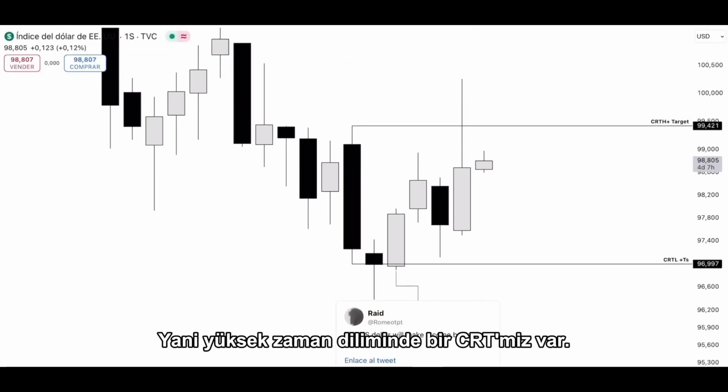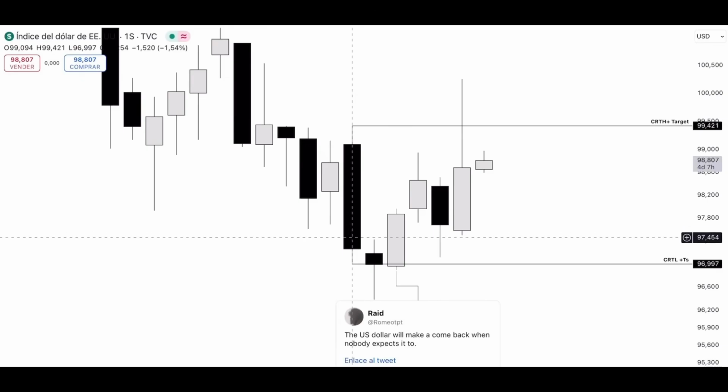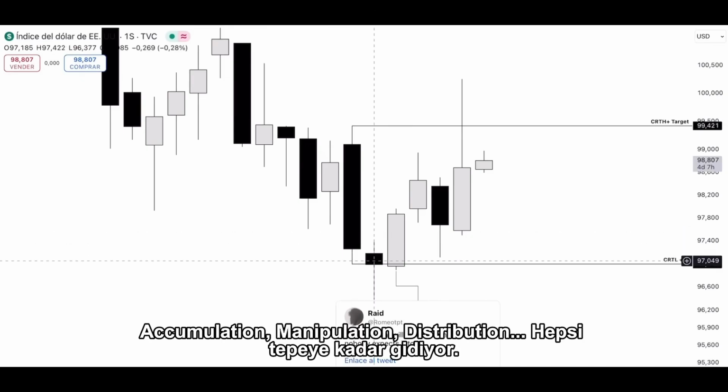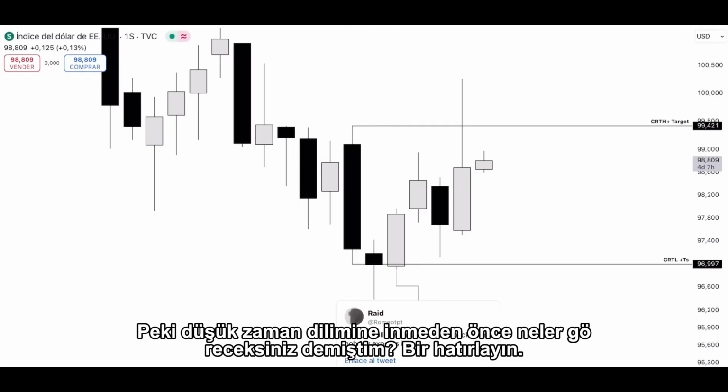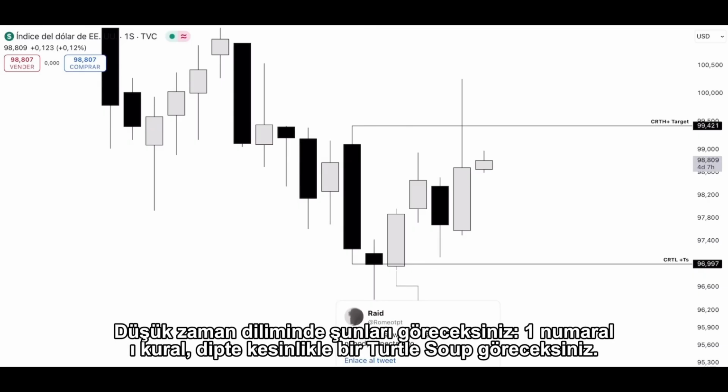All right. So the higher time frame, we have a CRT, accumulation, inflation, and distribution all the way up to the high. So all the way up to this level, we're looking for buys. Now, before entering lower, what are the things I said you are going to see on the lower time frame?